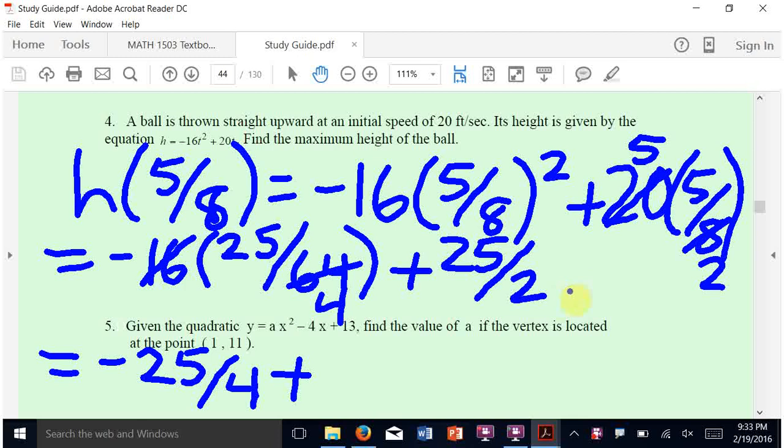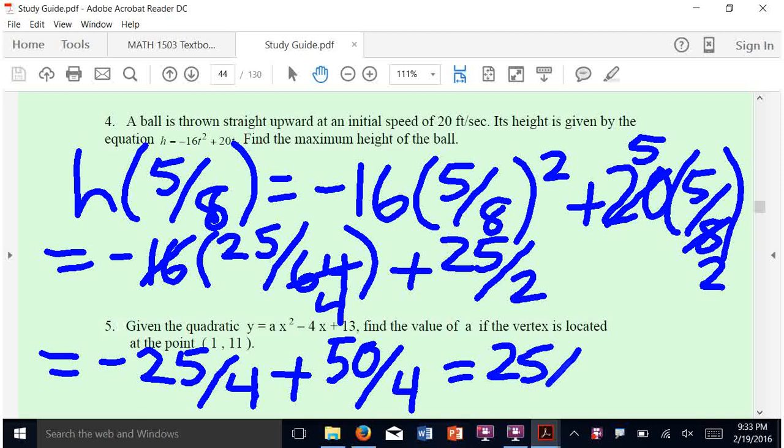To do that, I need to multiply by 2. And since I'm multiplying by 2 on the bottom, I need to do the same on the top. So 25 times 2 is 50. 2 times 2 is 4. So now we have 50/4 minus 25/4, and 50 minus 25 is 25, and we have it over 4.